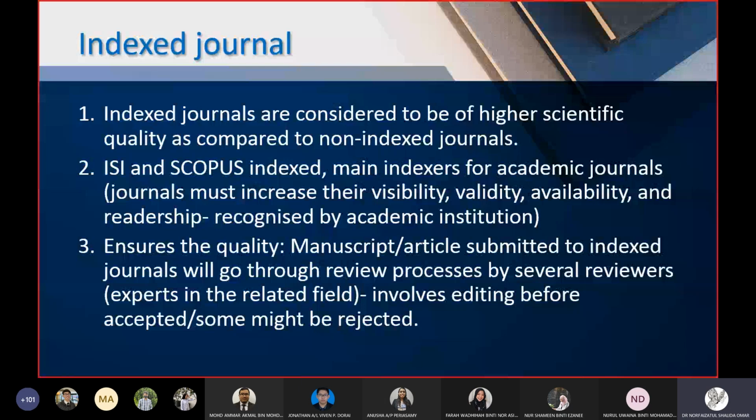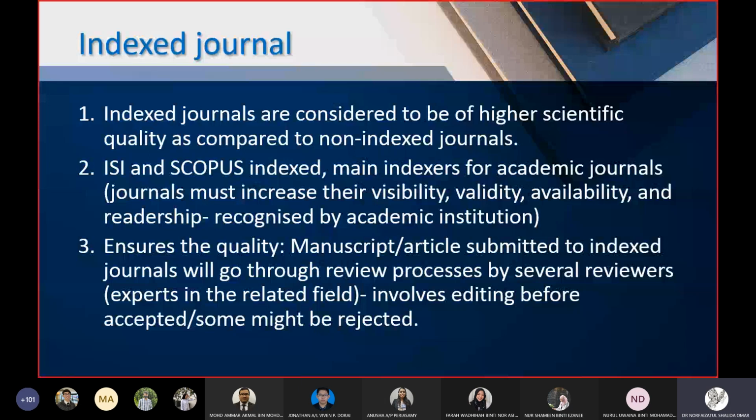It will mention that there, and it will have the ISI number written there. So it means that it is an index journal. What's so important about these index journals is that they are the main indexes for academic journals. These journals are recognized by academic institutions, meaning that academic institutions use these journals to teach the students and also to use in studies.